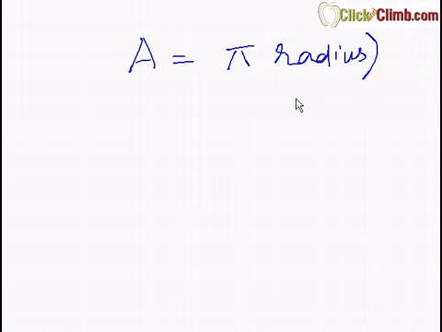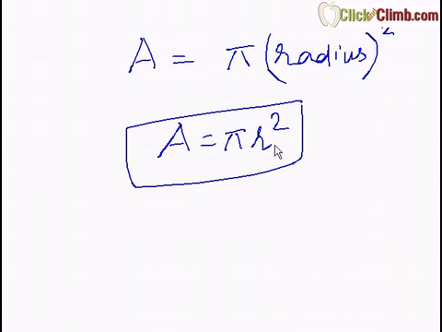The formula to find the area of a circle is A, that is area, equal to pi, we already know what pi is, and r, that is radius, which is half of the diameter, and the square of the radius. So in short, A is equal to pi r square. This is the formula to find the area of a circle.